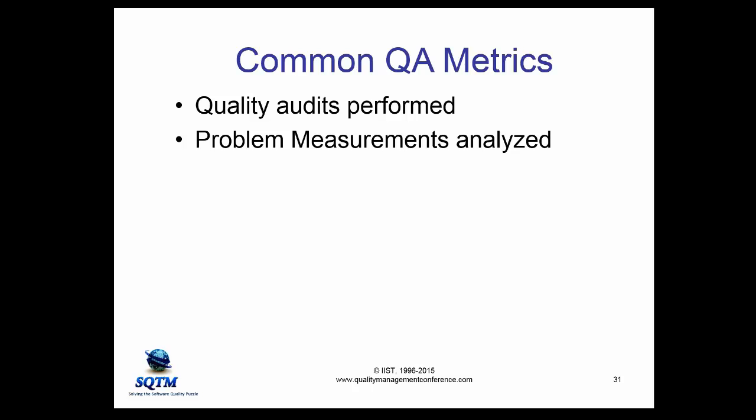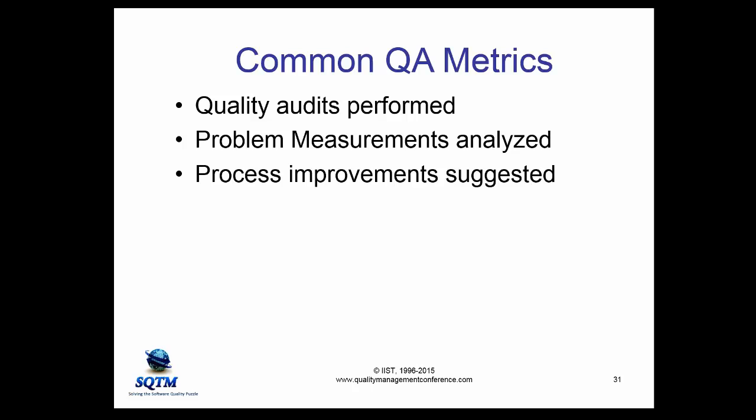So you need to analyze those problem reports. Process improvement suggested. So if you find there's a root cause, the quality assurance organization is going to suggest improvements to correct it so it doesn't happen again.